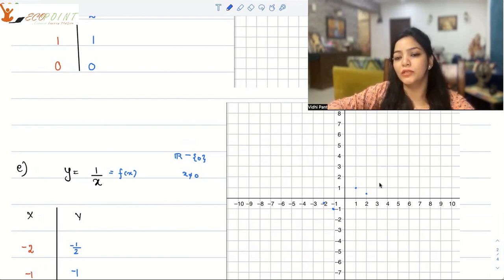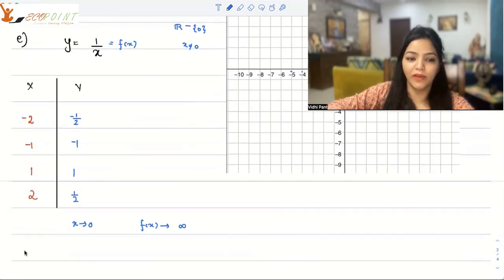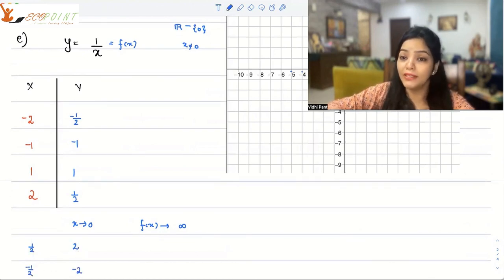And you would notice what's going to happen is for 3, you'll have 1 by 3, 1 by 4, 1 by 5. It's getting smaller and smaller. Similarly, here also minus 1 by 3, minus 1 by 4, smaller and smaller. And in case you take fractions between 0 and 1, what's going to happen? Let me add some values here. If I take half, I'm going to get 2. If I take minus half, I'm going to get minus 2.